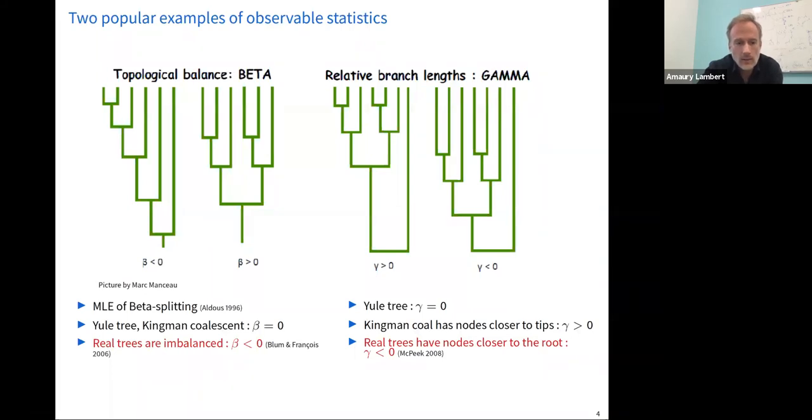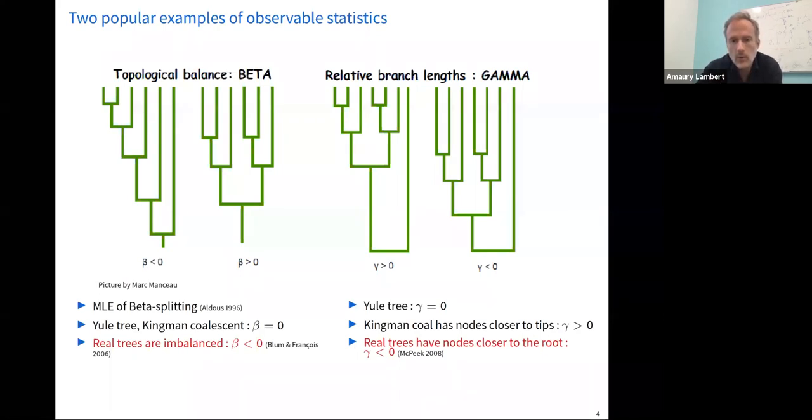I will talk in the last slides of the talk, and be a little more specific about beta, but from now on, just remember that beta is supposed to be 0 for trees like the Yule tree, the pure birth tree, and the Kingman coalescent that I introduced last week.